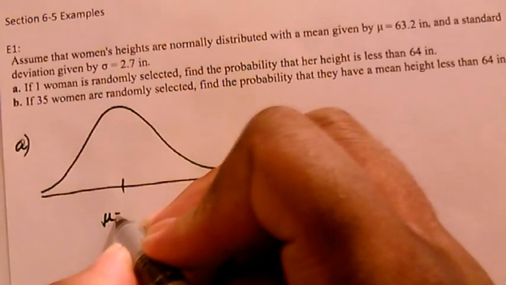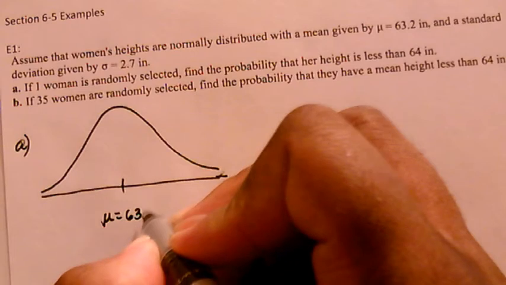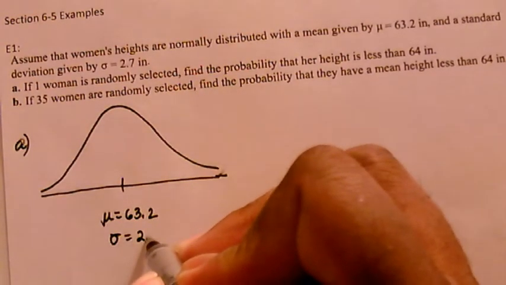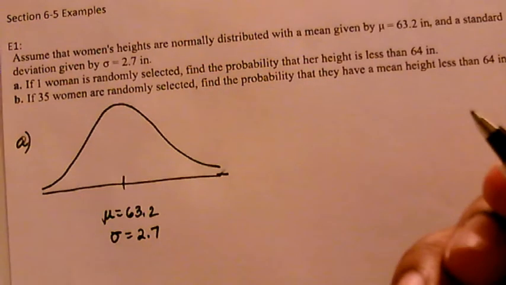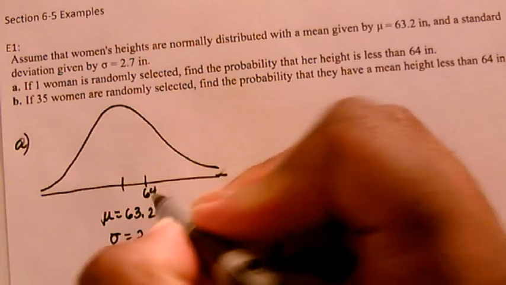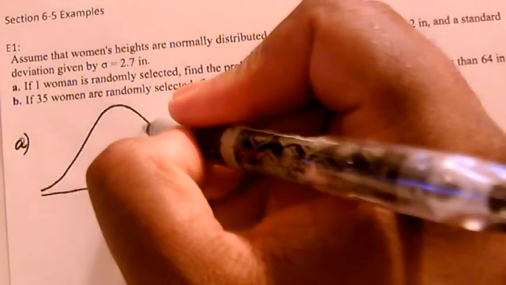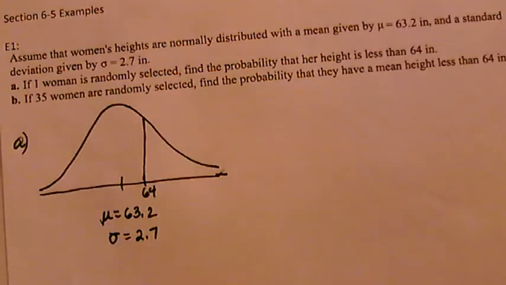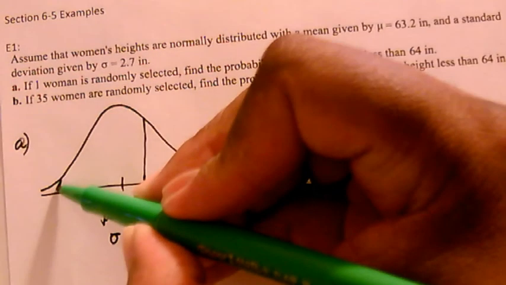In this case, your mu is 63.2 inches, and sigma, which is your standard deviation, is 2.7. And 64 inches is to the right of 63. So here's 64 here. And we're dealing with the height less than 64. So we're going to shade the area to the left of that boundary of 64.